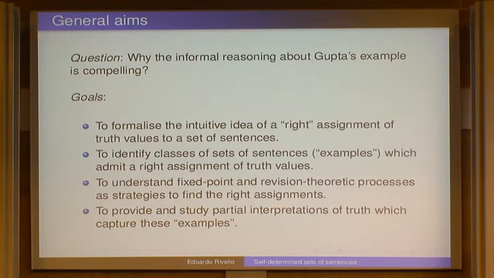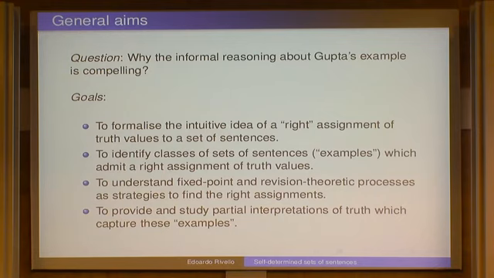And the goal is to formalize this intuitive idea of a right assignment of truth values for some set of sentences, and then with respect to this formalization to identify classes of sets of sentences, so-called self-determined sets, which admit a right assignment, and then to understand the current formal theories of truth in terms of fixed point or revision theoretical processes as strategies to find the right assignments.